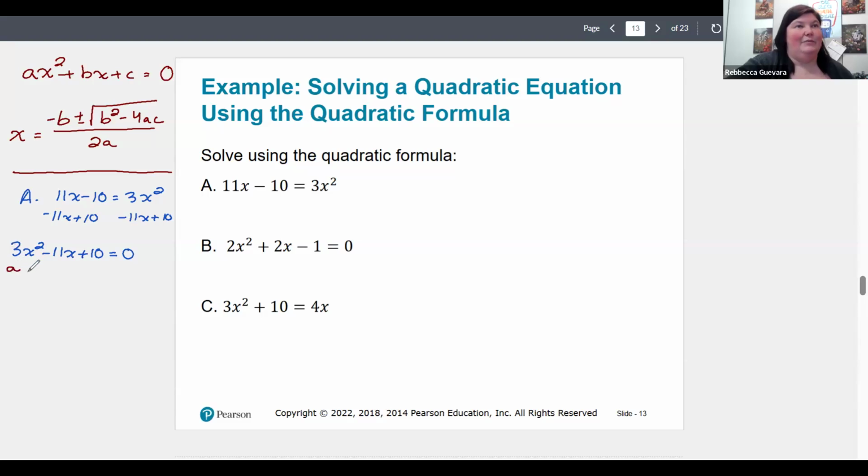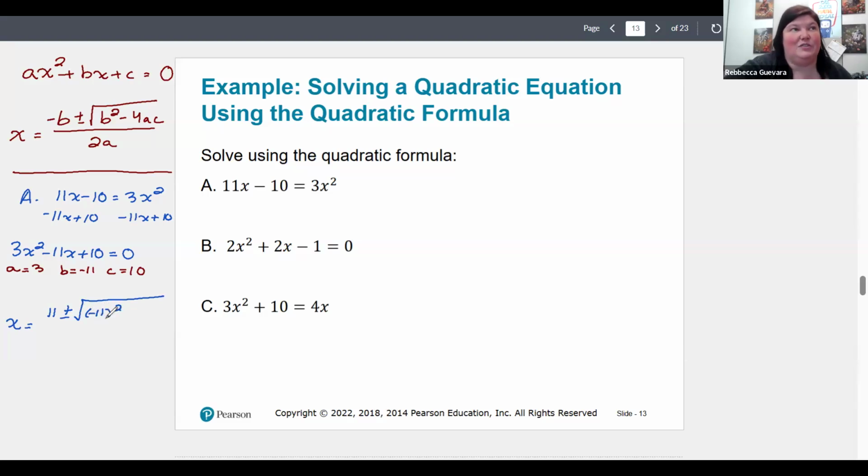My a will be the 3, my b will be that negative 11, and my c is going to be that positive 10. So all we have to do is fit that into the formula. x is equal to minus b. If b is negative 11, minus b would be positive 11, plus or minus the square root of b squared, so negative 11 squared.